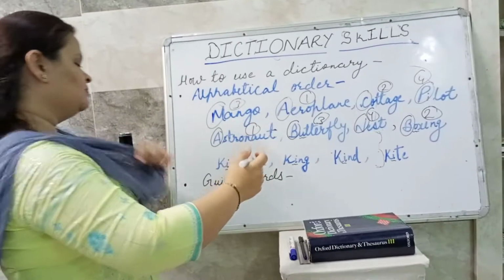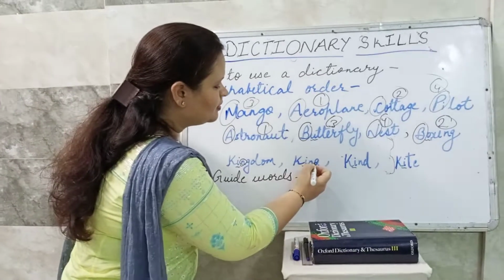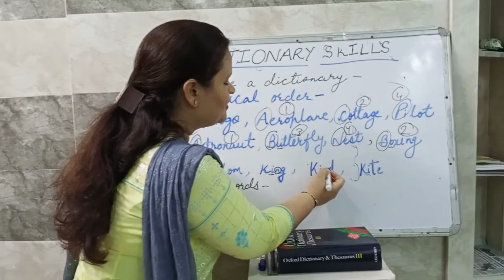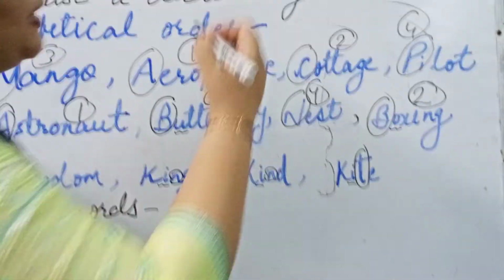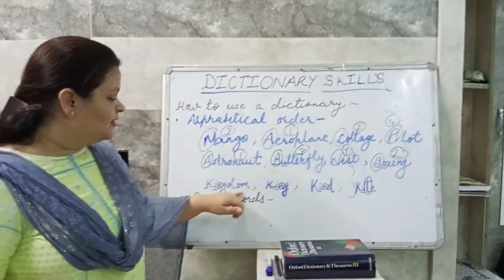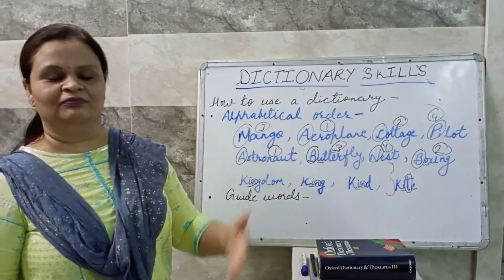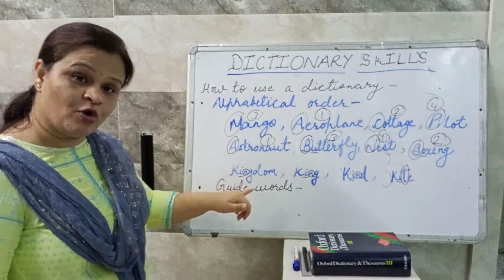In kingdom the third letter is N. In king, third letter is N. In kind, third letter is N. And in kite, third letter is T. Again, in three words the third letter is the same. Then move on to the fourth letter.